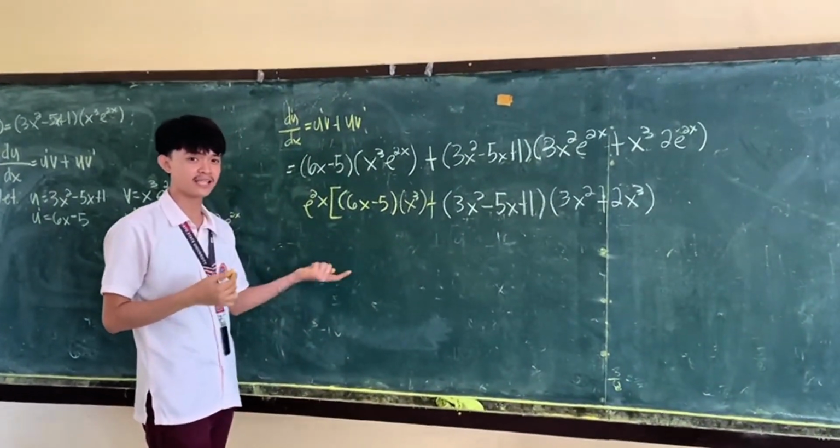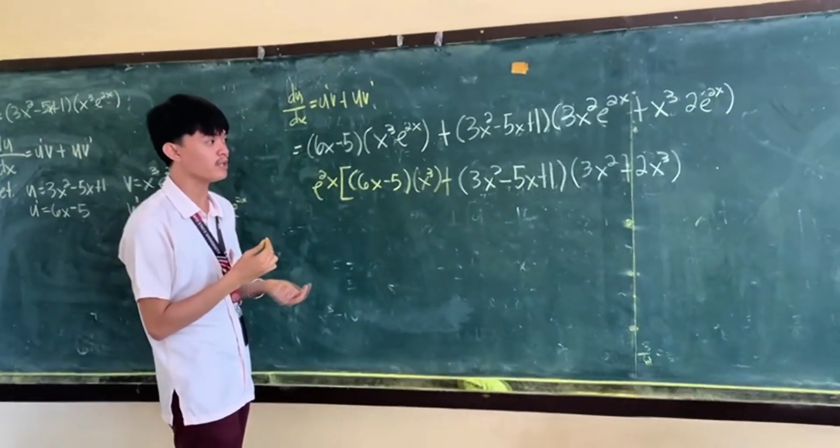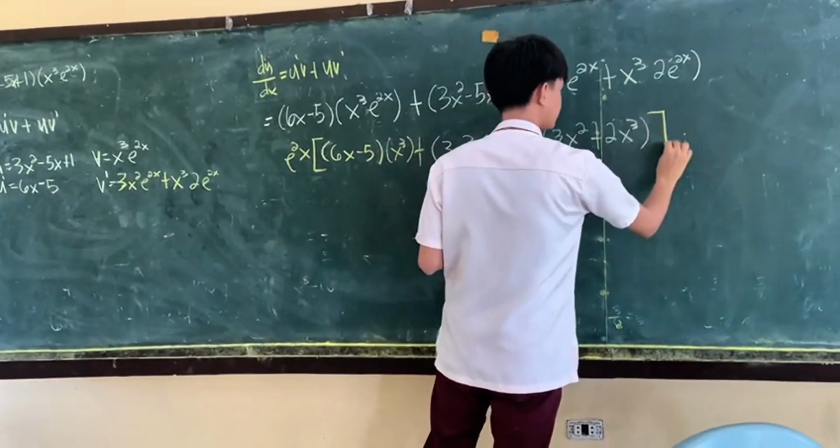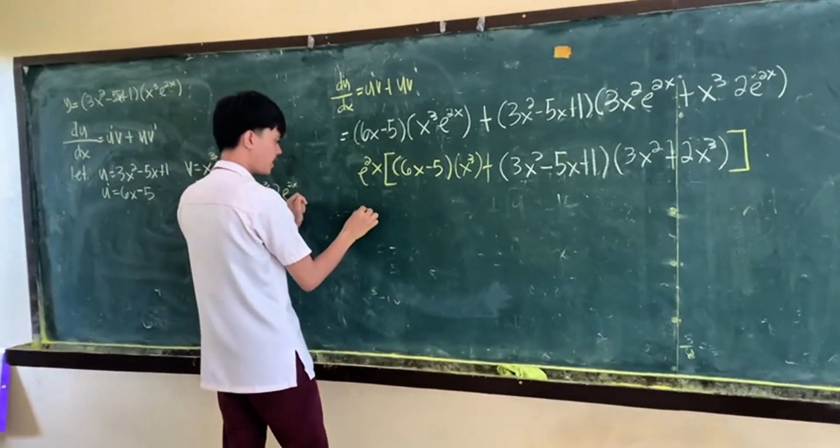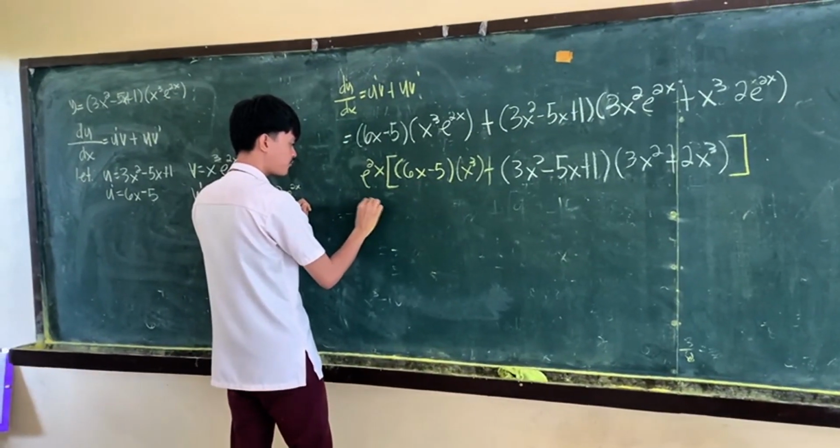Now, given this, since it is already factored, let's simplify it. So, copy this one. e raised to the power of 2x.